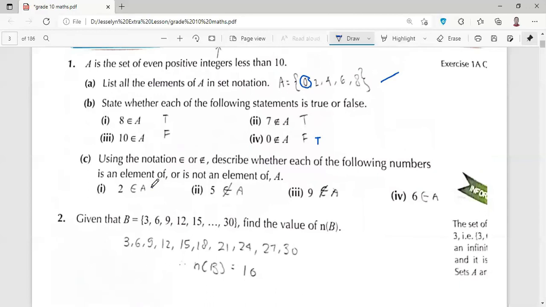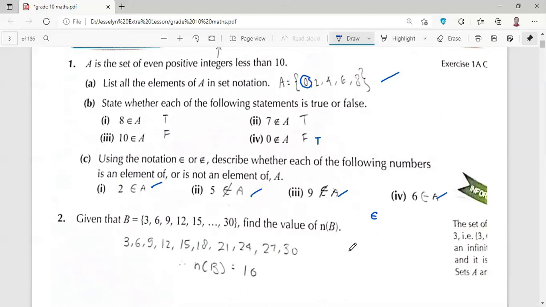How about 5? 5 is not an element of A. Okay, and then 9 is not an element of A. And 6 is an element of A. But be careful when you write the symbol, Jesseline. When we say element, this is actually a small letter E, like this. You don't use a capital letter here.